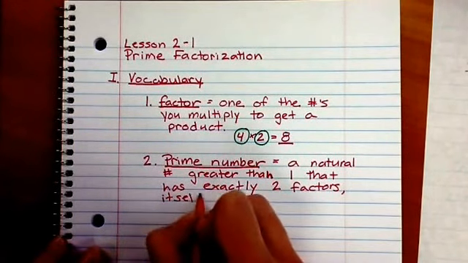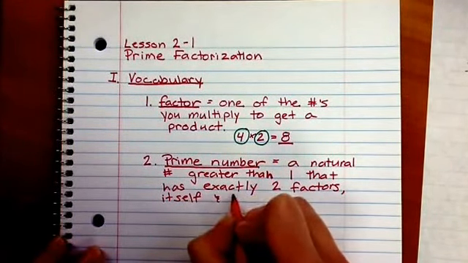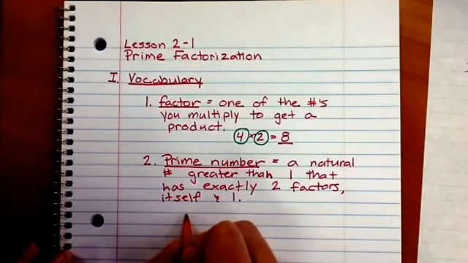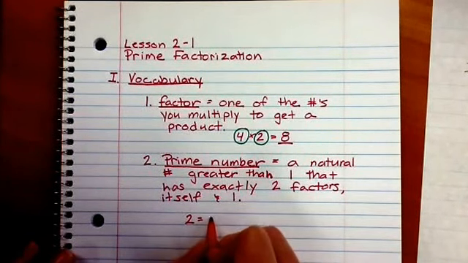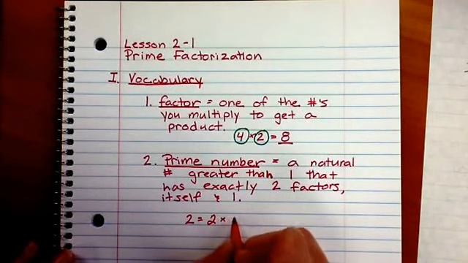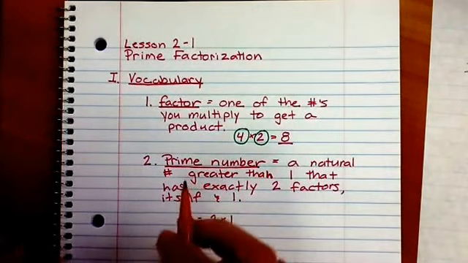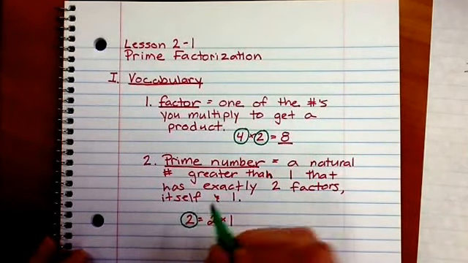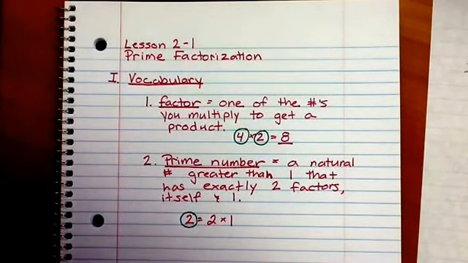Itself and 1. No other factors will go into it. So an example of a prime number would be 2. 2 is a prime number because the only 2 numbers that go into it are 2 times 1, leaving 2 as our prime number.